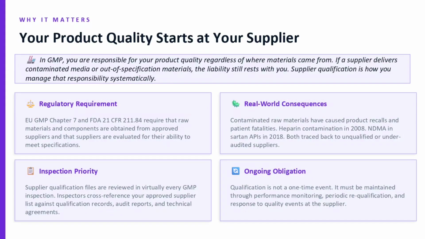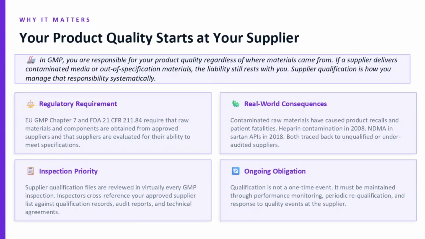The real-world consequences of failing to qualify suppliers have been severe. In 2008, contaminated heparin manufactured in China caused serious adverse events and deaths in patients in the United States and Europe. The contamination was traced back to an uninspected, unqualified supplier in the supply chain.